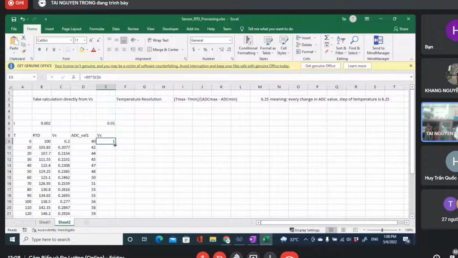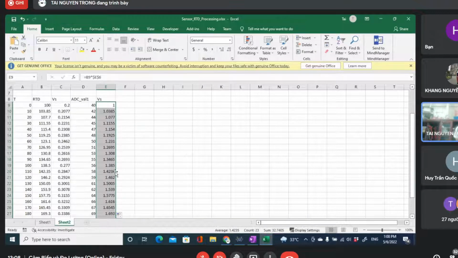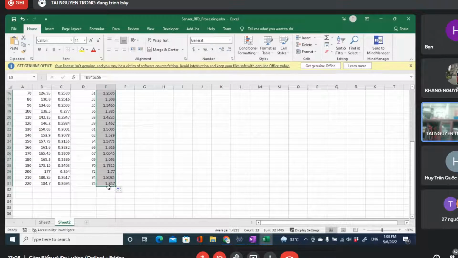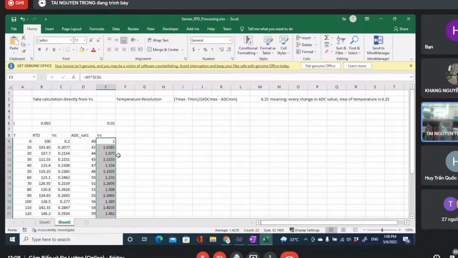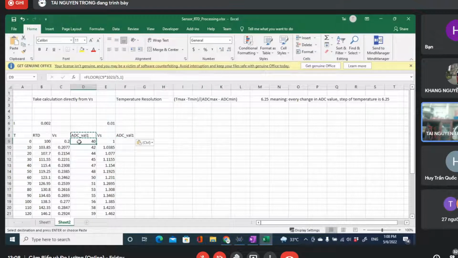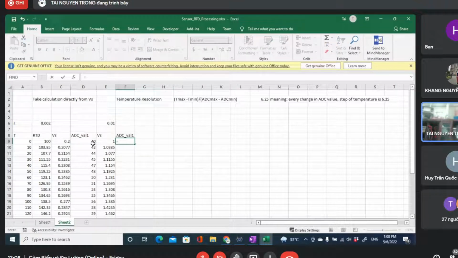It will be 1 volt, and the maximum will be 1.77.